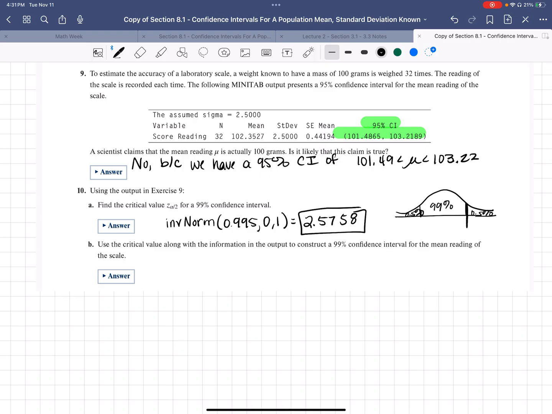That's this value right here. Okay, and it says use the critical value along with the information in the output to construct a 99% confidence interval.